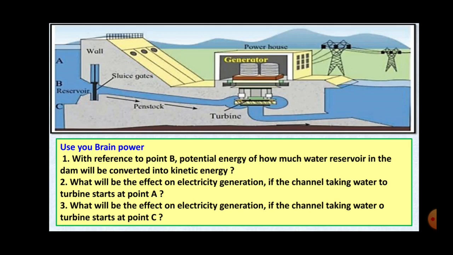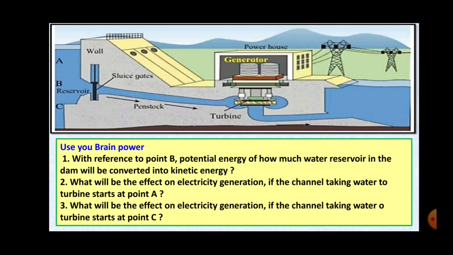So point B is at a lower level, so the kinetic energy in the water passed through point B is less compared to the kinetic energy of the water allowed to flow from point A, because it is at a greater height and thus it will gain more kinetic energy. So the turbine will move with a greater speed, and definitely the amount of electricity generated will be more. Now let's move on to the third question.